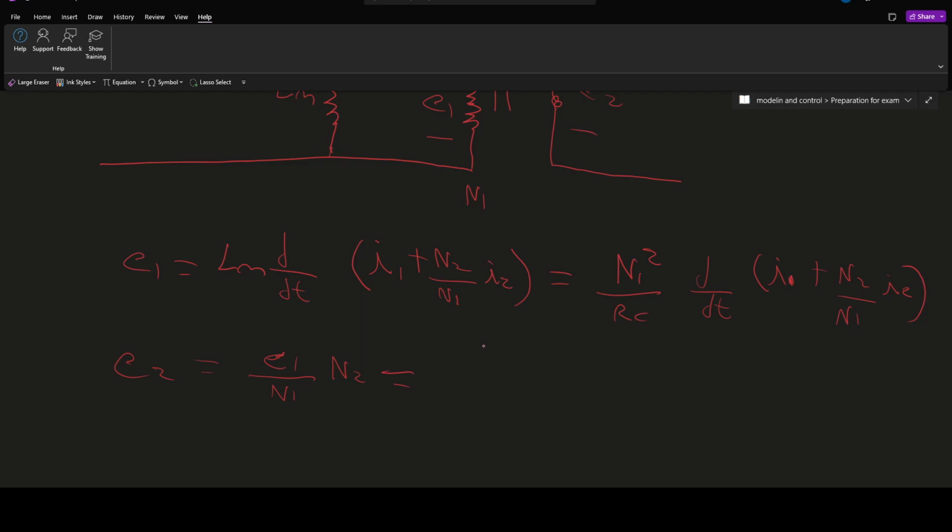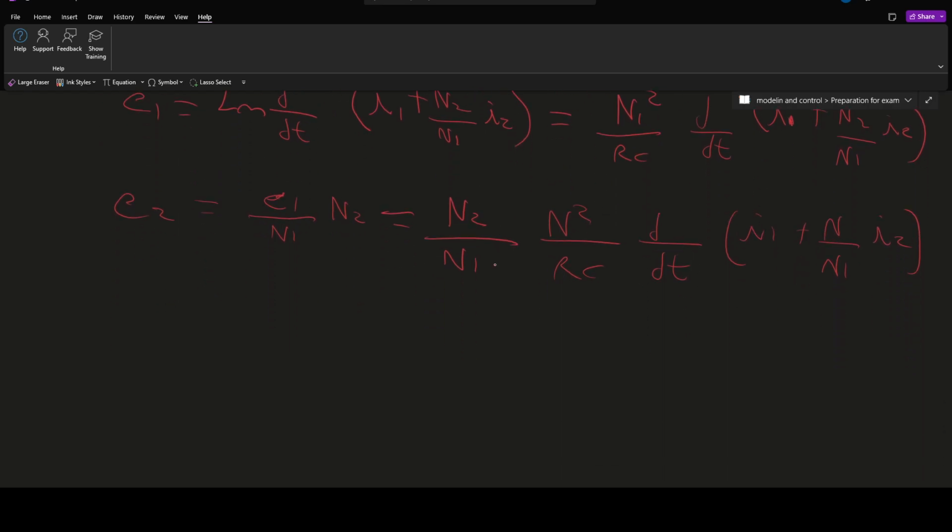So we know that this equals to all of this, times N2 over N1. So when we do this, N2 over N1 times this, N2 squared over Rc, derivative of I1 plus N2 over N1 I2.